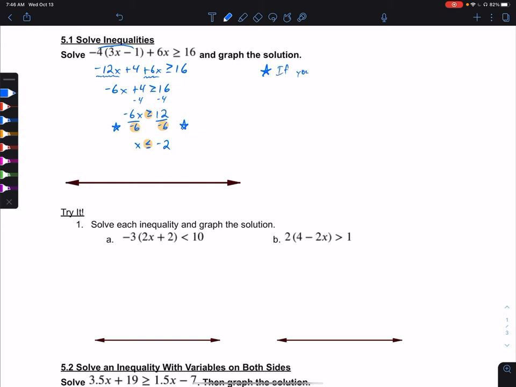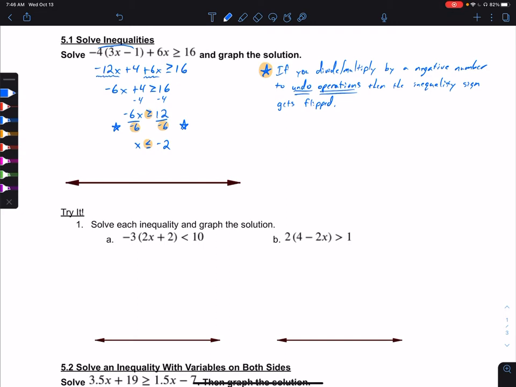So if you divide or multiply by a negative number to undo operations, and that's important, then the inequality sign gets flipped. So keep that in mind. I'll go over an example. You'll see this as it plays out.